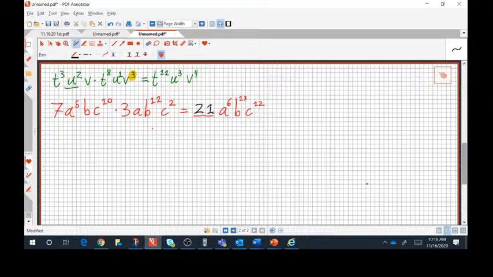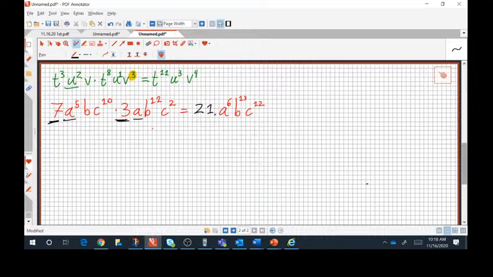It's all multiplication, right? The reason we add exponents is because technically this is 5 a's multiplied together times 1 a multiplied together. It's a weird thing to say. But that's 6 total a's being multiplied together, right? But multiplication is still what we're doing. And the last time I checked, 7 times 3 was 21.